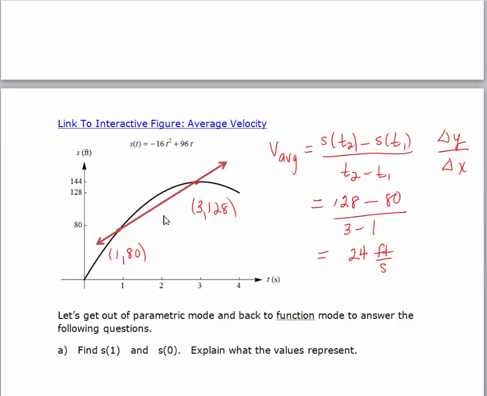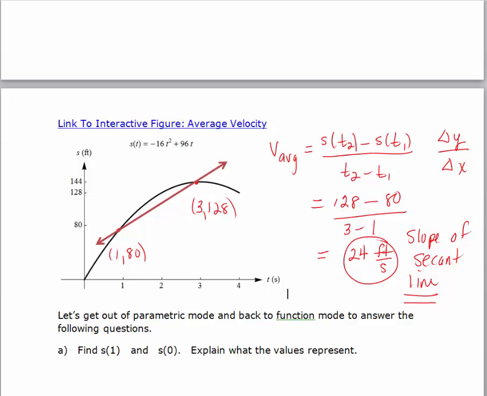So what we've actually found, this is called a secant line. This line right here that hits the curve in 2 places is a secant line. So graphically, what this average velocity represents is the slope of the secant line through those 2 t values, through the endpoints of your interval.